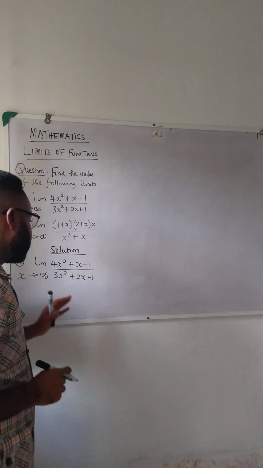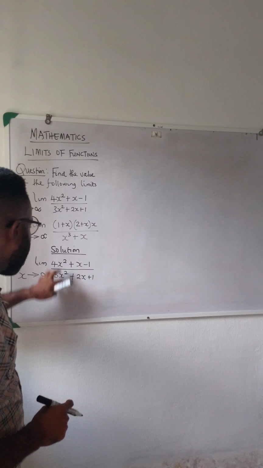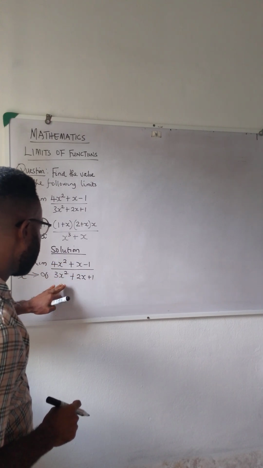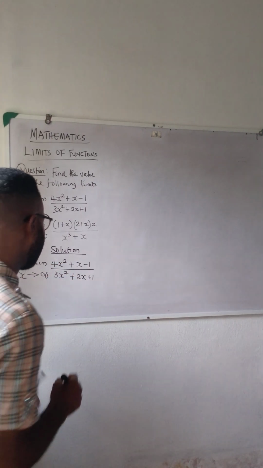In order to solve this question, we have to divide both the numerator and the denominator by the highest power of x.